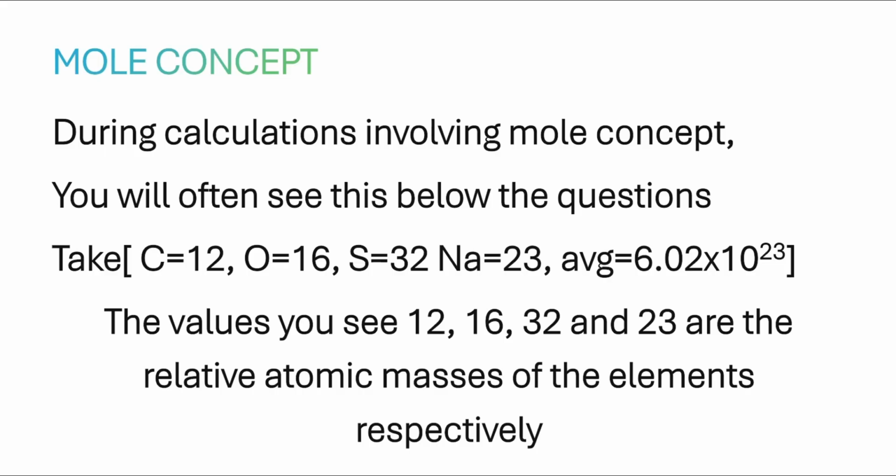All these are just masses of 1 mole of these elements. And of course, let's not forget Avogadro's number, which was given there as 6.02 times 10 raised to the power 23. Whenever this 6.02 times 10 raised to the power 23 atoms or particles shows up, just know that you are going to be doing a calculation with the number of particles.